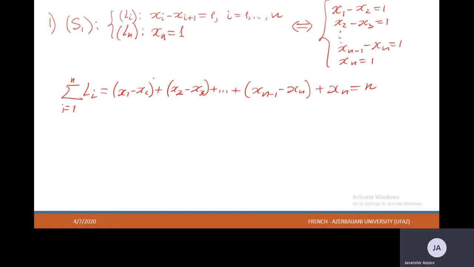Here we can cancel x2, x3, xn minus 1 and in the end xn. From here x1 will be n.